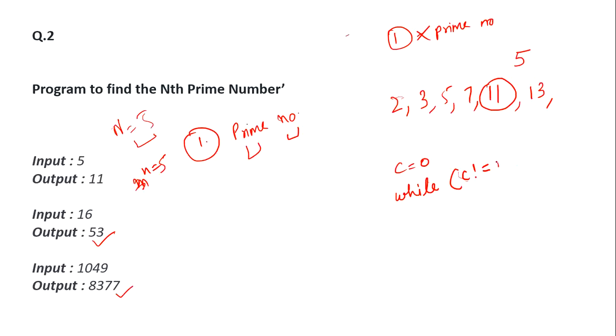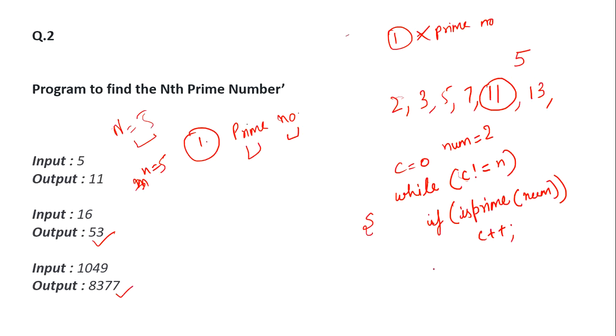So while c not equal to n, what we can do, just simply call this function, suppose we have defined a function isPrime. Also we can take a number num, initialize it with 2. So we know that prime numbers always start with 2. So if isPrime(num), right, then we will increment the value of c.